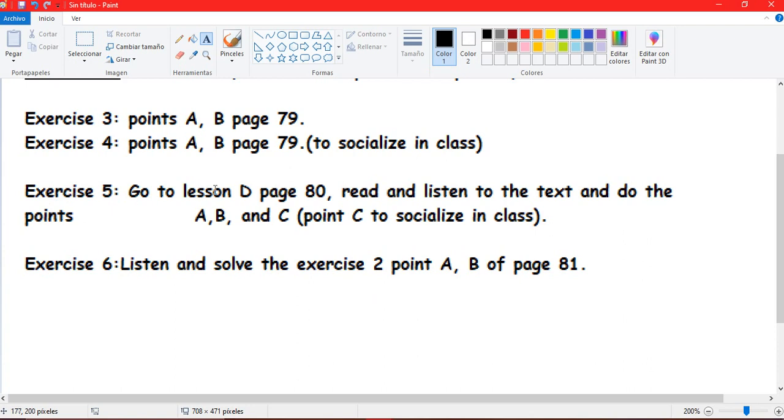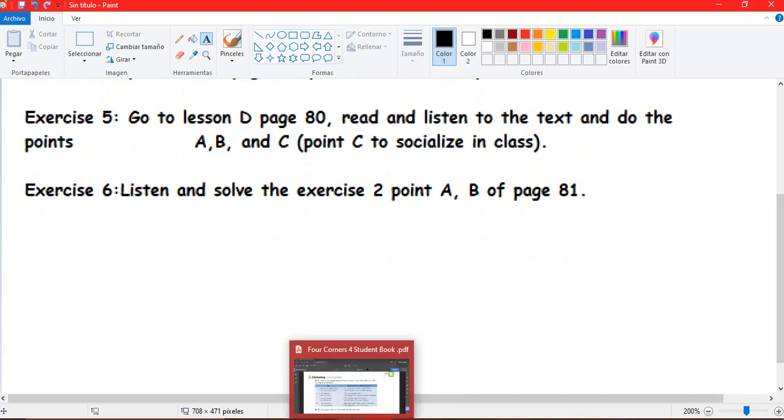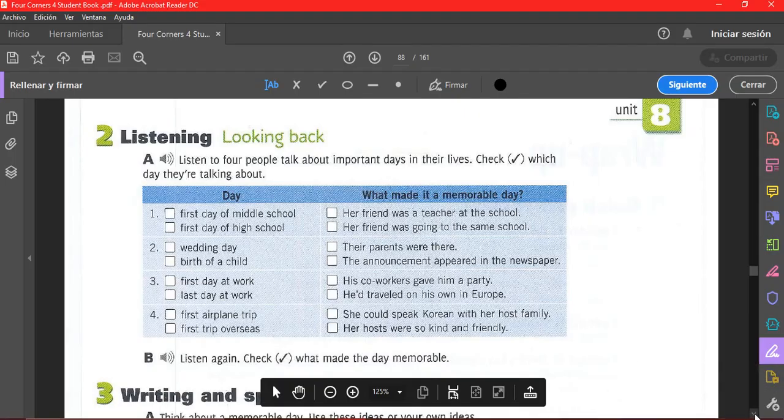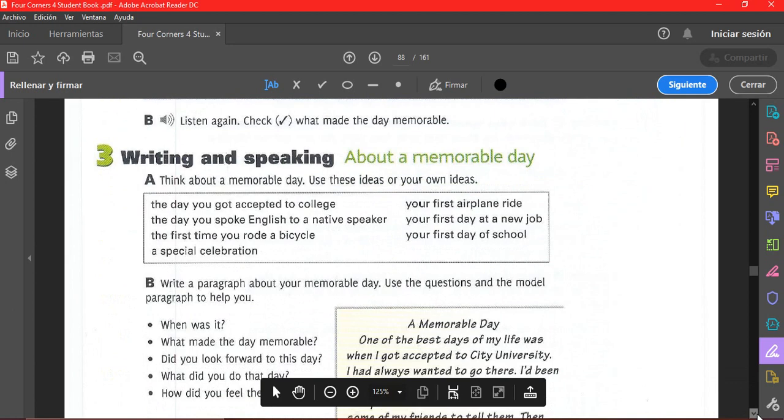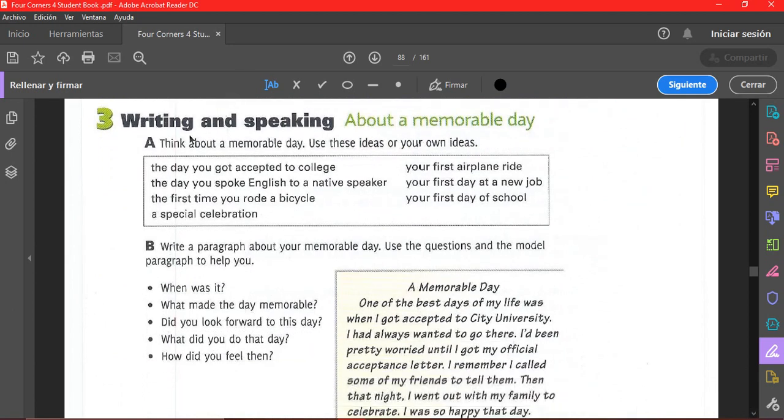Exercise 5. Go to lesson D, page 80. Read and listen to the text and do the points A, B, and point C is to socialize in class. Exercise C. Listen and solve exercise 2, points A and B of page 81. So let's continue with the lesson. We also have a writing exercise. This is writing and speaking about a memorable day.